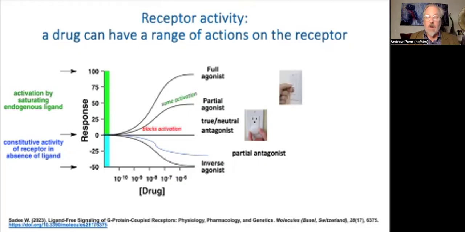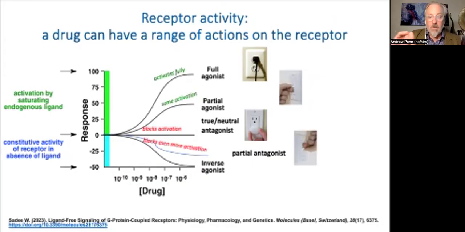Now, you can also activate a receptor. You can activate it partially, which would give you some activation. You can think of this as sort of like a dimmer switch. So this dimmer switch is partway on, or we can turn it on all the way. We can allow the full current, if you will, to flow through there. So this is a full activation of a receptor with an agonist.